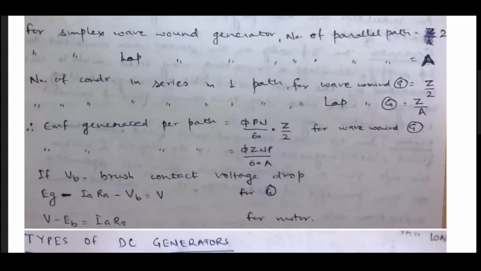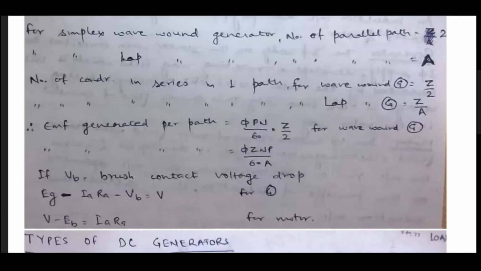One is the wave wound generator. Here the winding is in the shape of waves, and it moves forward every time. Although after one revolution it comes back, it moves forward in a wave manner.